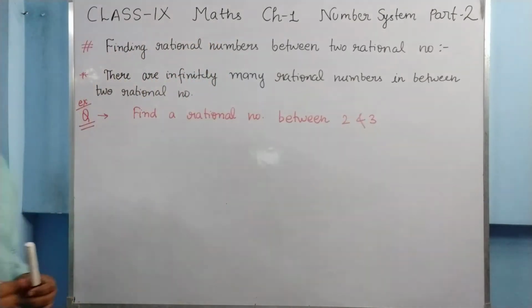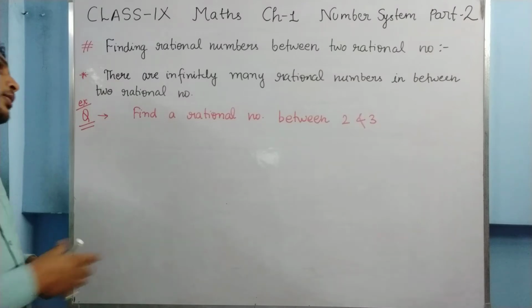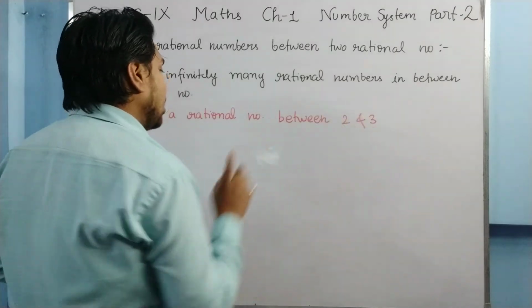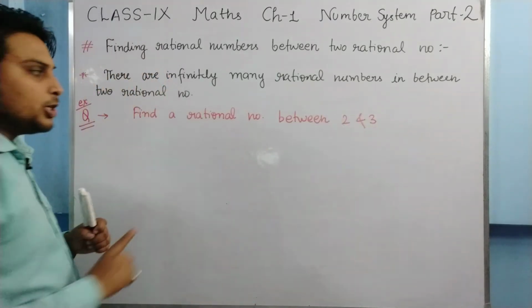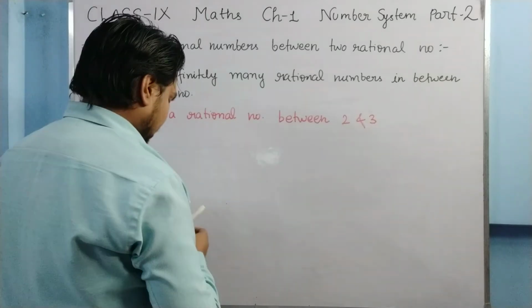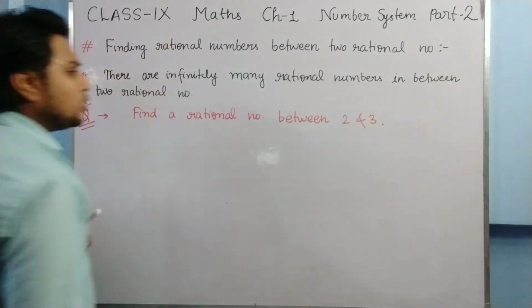If it is given in the question that you have to find a rational number, it means you have to find one rational number between 2 and 3. Okay, so this is the question, and how can you solve it?